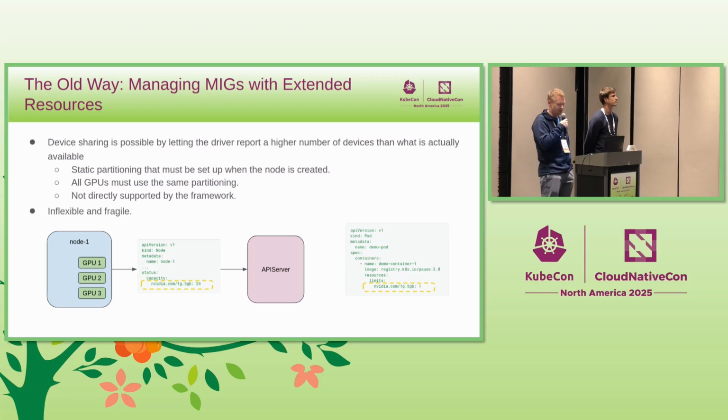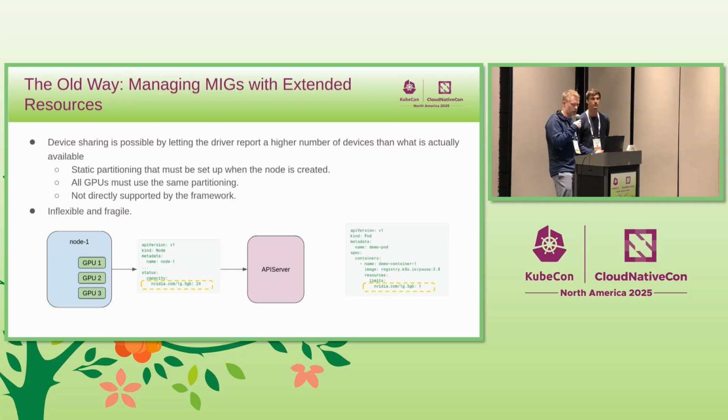The way we can do device sharing here is simply by letting the driver report a higher number of devices than is actually available. The drawback of this is that typically this requires static partitioning. So when a node is created or provisioned, someone needs to go in there and partition the GPUs.